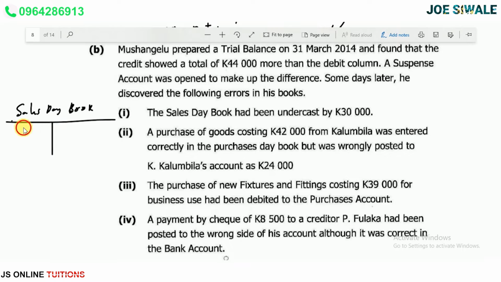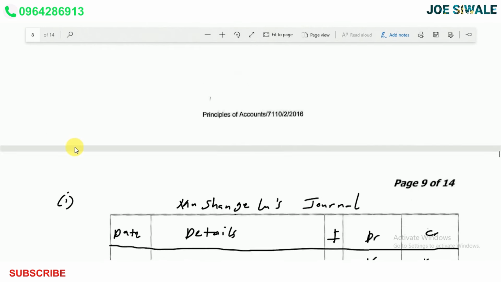So here you can say debit, credit, and we know that the sales day book always has a credit balance, and that means that the undercast there was not shown on the credit side. So we're going to record 30,000 on the credit side. And since this was only affecting the sales day book, which means we need to record suspense on the debit side. So let us write that one down.